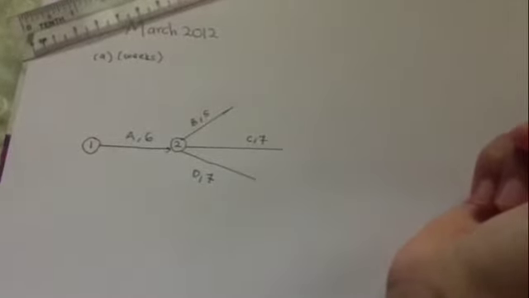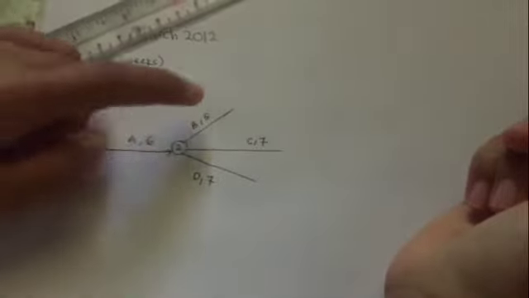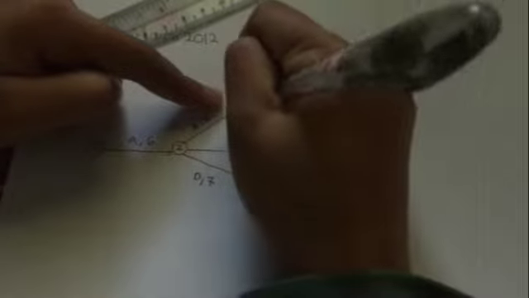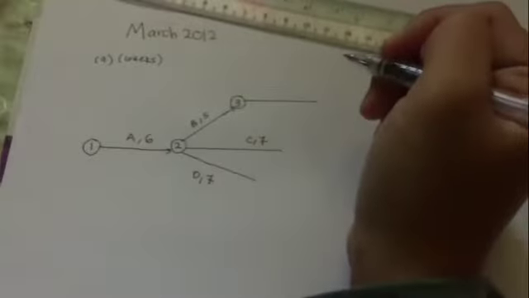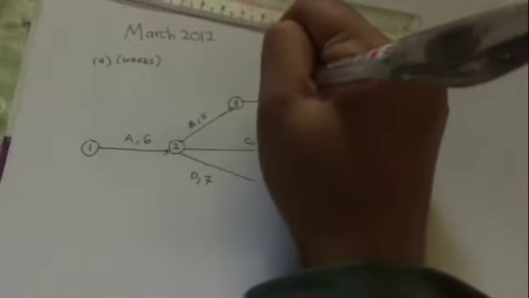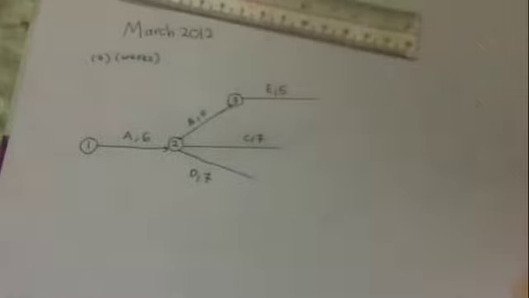Next, for activity E, the preceding activity is B. So it means E comes out from B. So you draw the circle and put number 3 and then bring out E. E, the duration is 5.